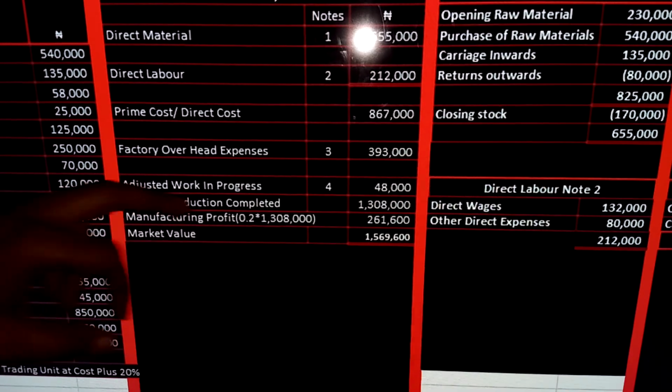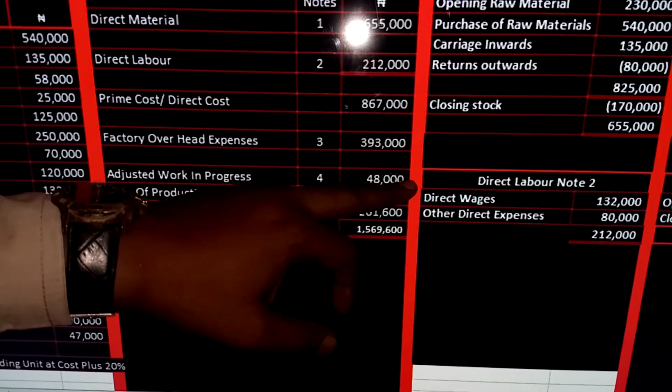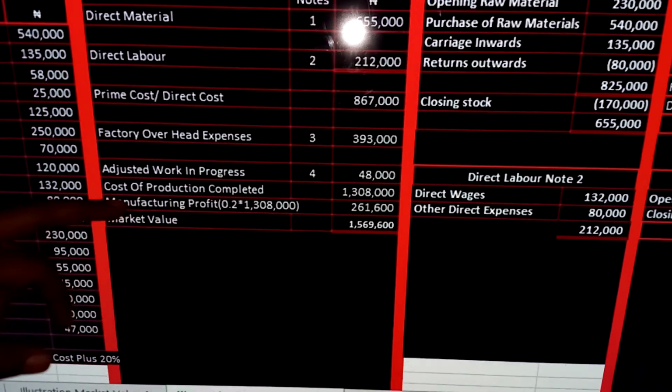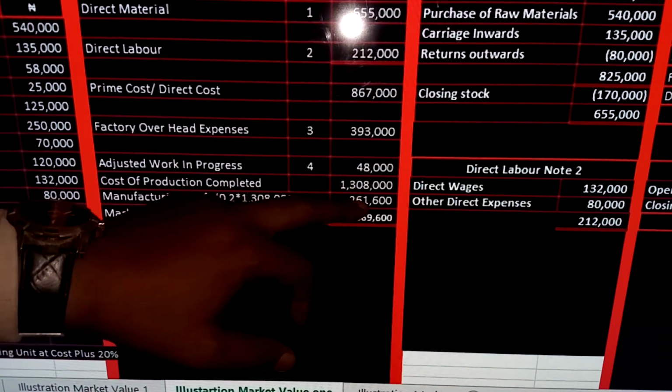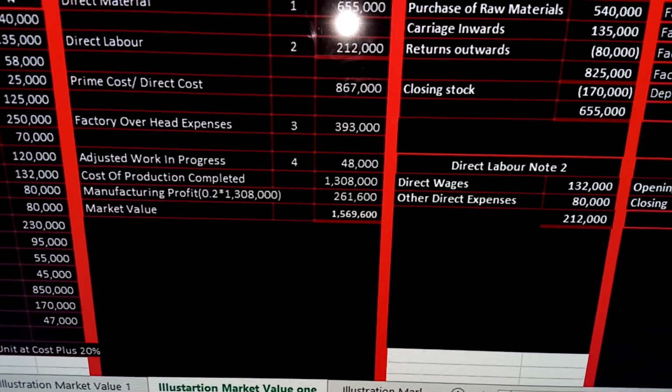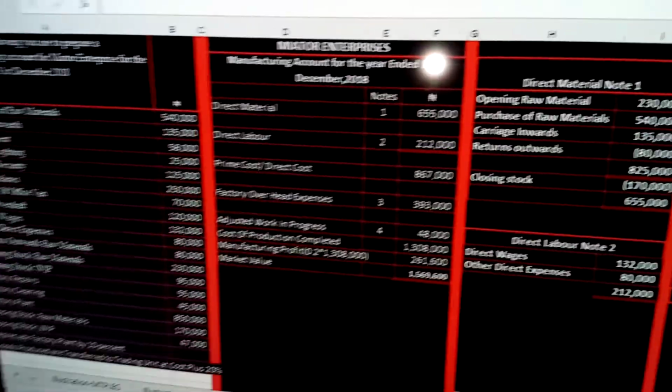But we have spent how much? 1,308,000 to produce it. It means there's a gain on manufacturing of 261,600. So in this illustration, we've been able to prepare the manufacturing account, taking into consideration market value or the manufacturing profit.